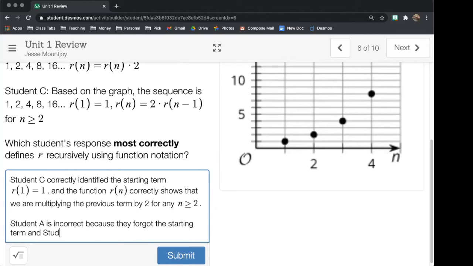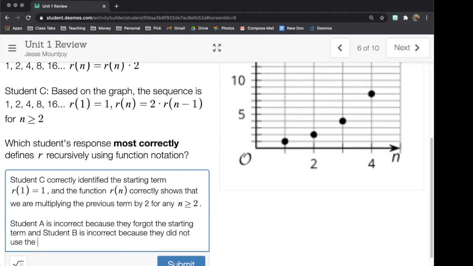And student B is incorrect because they did not use the previous term in their function.